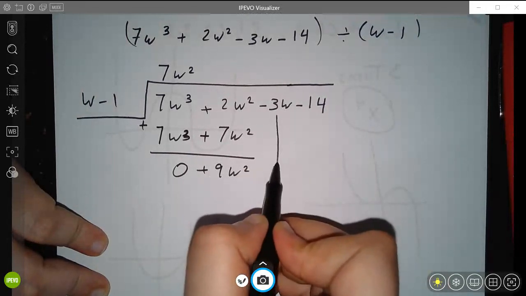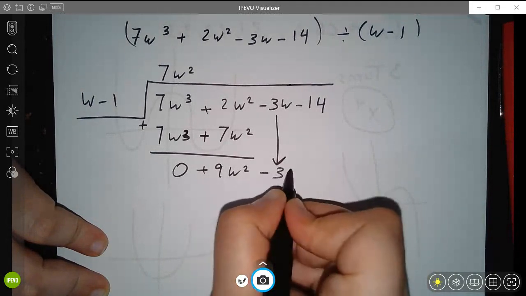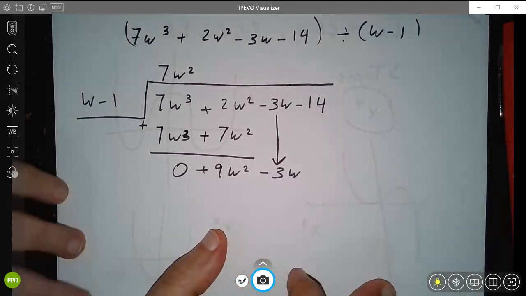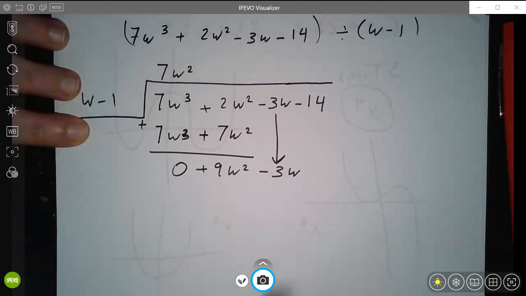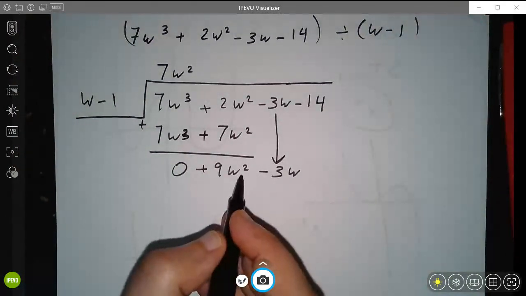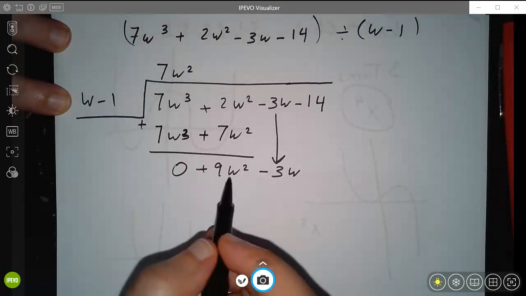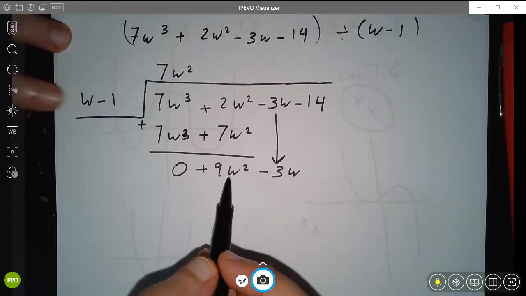Next step is you bring this all the way down, writing a 3w over here. We look at the first term again, 9w squared, times w. I need to match this.